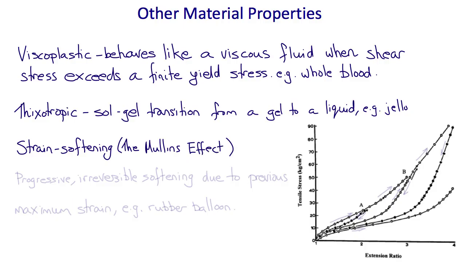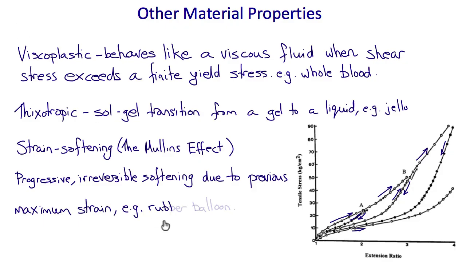This is a property where a material is permanently softened or softened for a long time after it reaches a new, previously unexperienced maximum load. So progressive, irreversible or nearly irreversible softening occurs, and an example of this is a rubber balloon, which the first time you blow it up is much harder than the second and subsequent times.